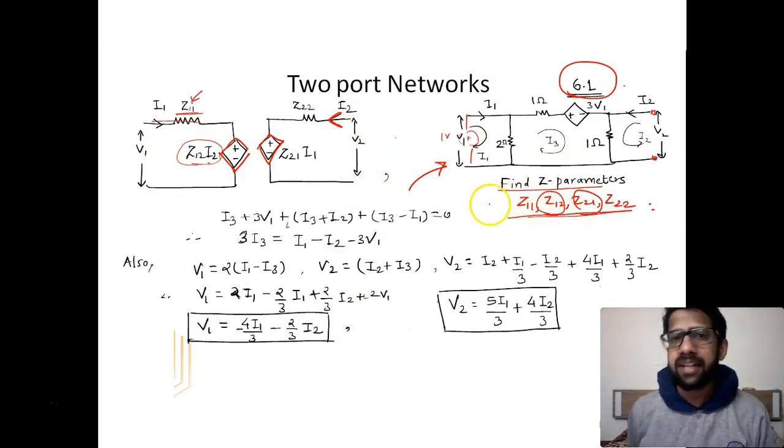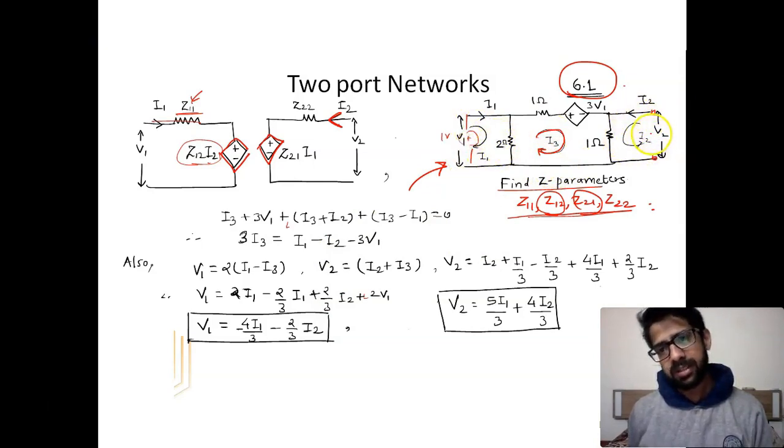I am interested in developing some equations applying KVL in each loop so that I get different equations in the form of V1, I1, V2 and I2. I am going to assume current I3 flowing through this loop, which I am going to eliminate. Now assume this is current I1 flowing through this particular branch and this is I2 flowing in this particular loop.